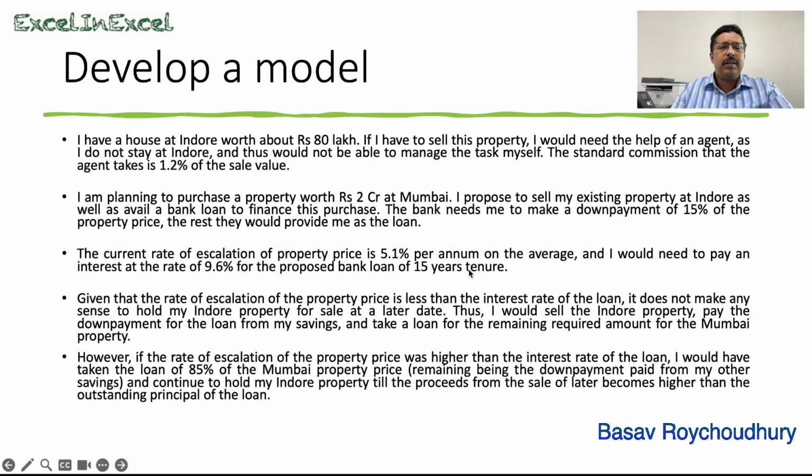Given that my property escalation is only 5.1% and I'm paying a loan at the rate of 9.6%, I believe it makes sense to sell the property outright in Indore, use that proceed to buy my property, and take a loan for the remaining amount to cover the cost of the property in Mumbai.